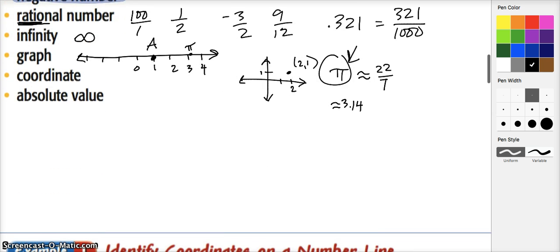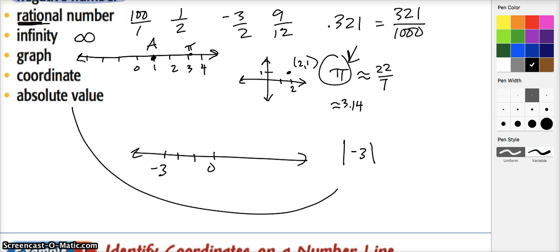I'm getting a little crowded here, but the concept of absolute value just means distance from 0. So here's 0, here's the number -3. If I say, hey, what's the absolute value of -3, which is what these two lines indicate, the answer is 3, because the distance from 0 is just 3 steps away.